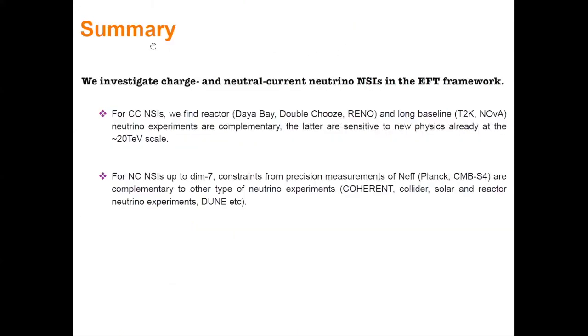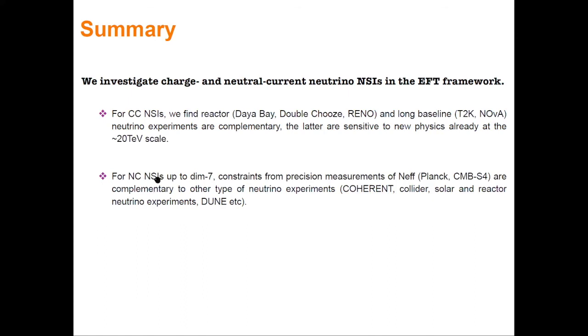Now let me go to my conclusion. In this talk, I have discussed the neutrino non-standard interactions, and I first discussed the charged current NSIs. We found that reactor type neutrino oscillation experiments are sensitive to different subsets of SMEFT operators compared to the long baseline neutrino oscillation experiments. And for the long baseline neutrino oscillation experiments, we found that they are already sensitive to new physics at the 20 GeV scale.